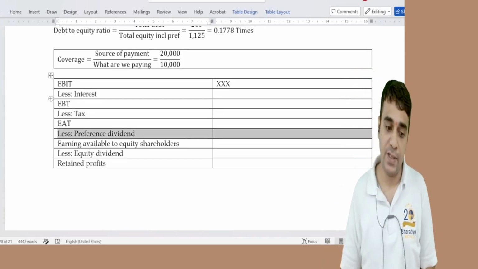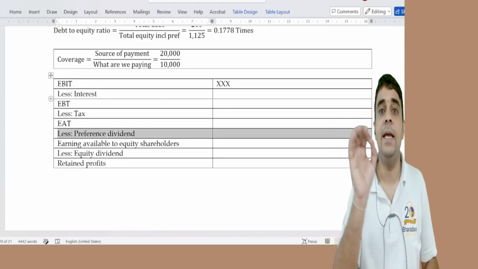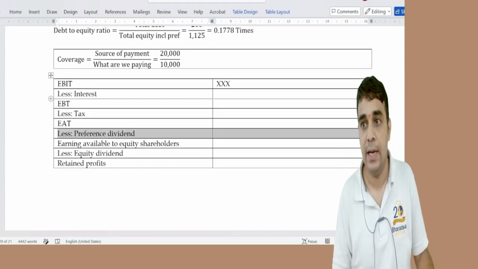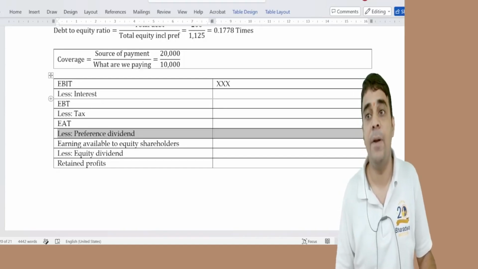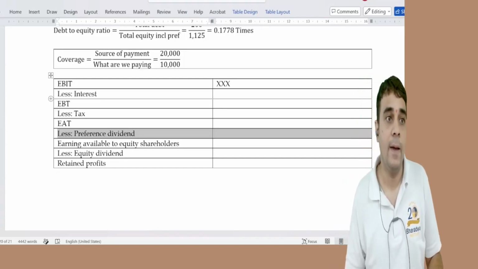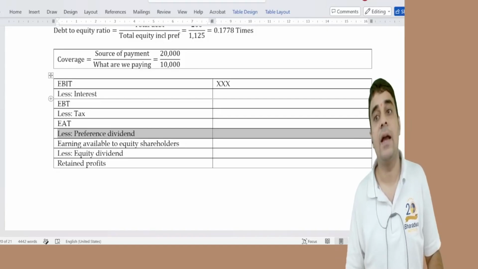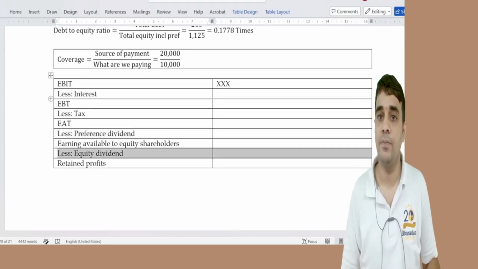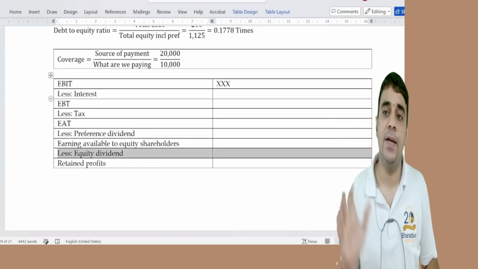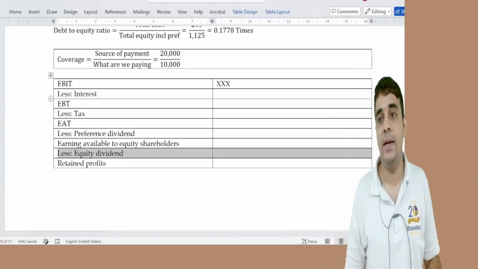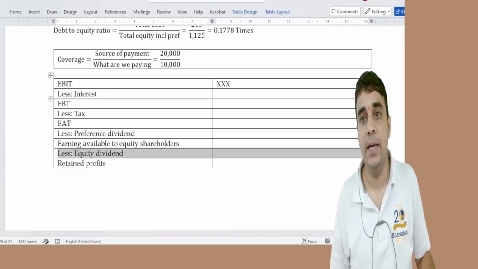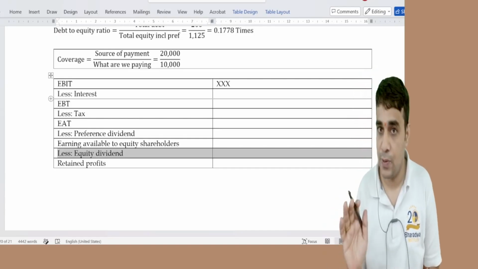What is above preference dividend? EAT by preference dividend is called preference dividend coverage ratio. What is above equity dividend? EAES by equity dividend is called equity dividend coverage ratio. Any doubts on this?